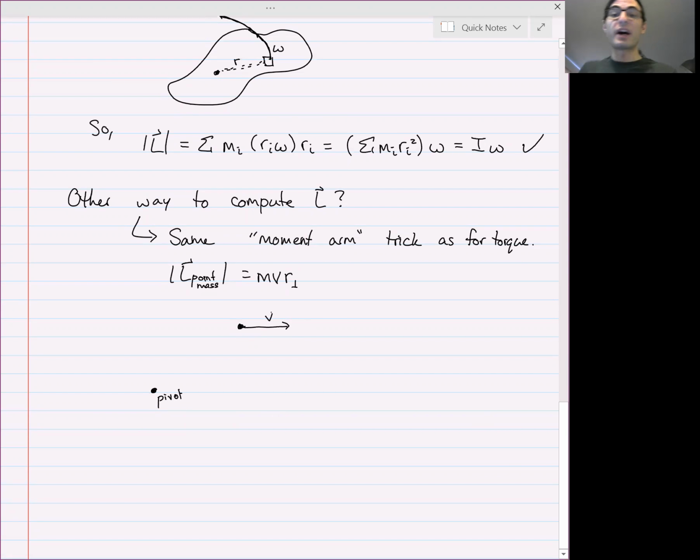So the way that we can find our perpendicular is just extend the velocity vector in both directions. And then this length here has length r perp when this is a right angle. So it's the exact same thing. We just instead of extending the force vector, we extend the velocity vector, and then we find the perpendicular distance.